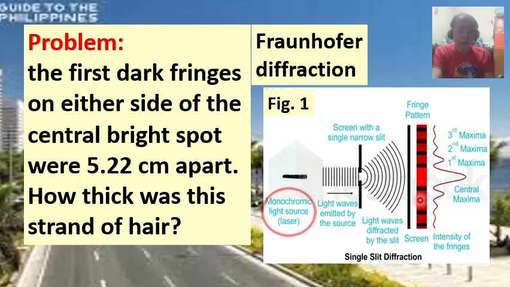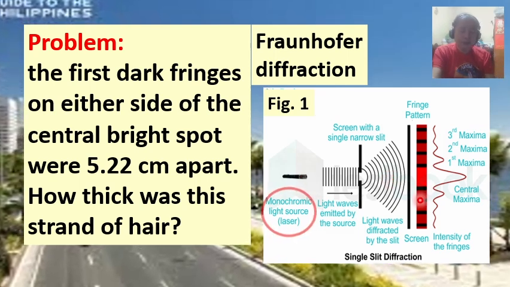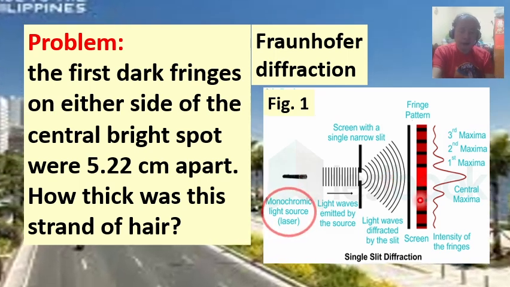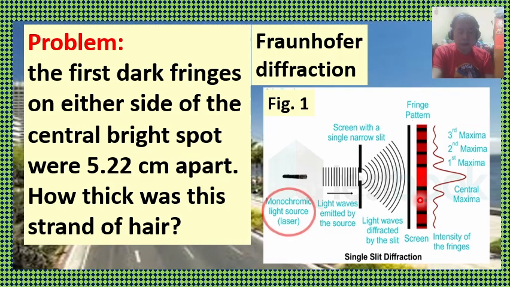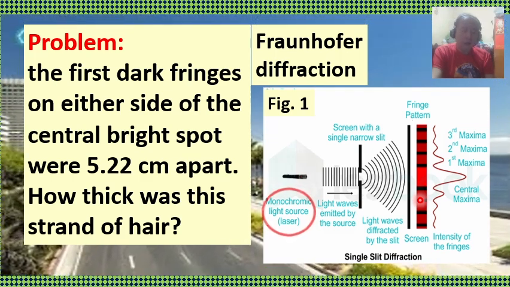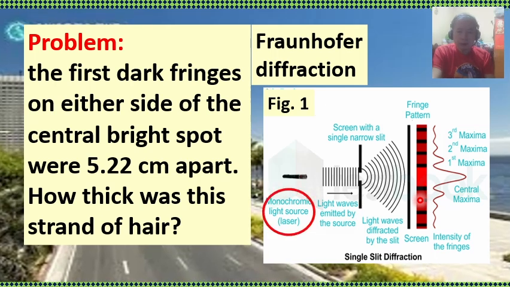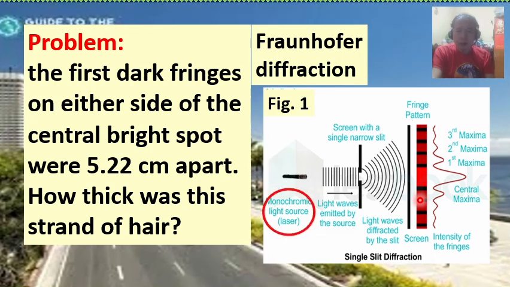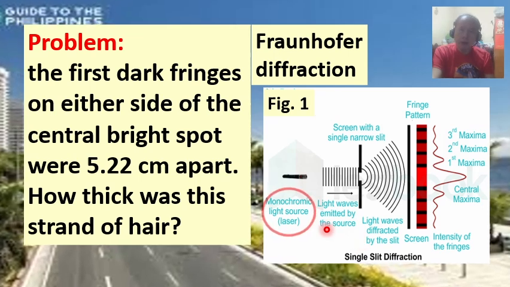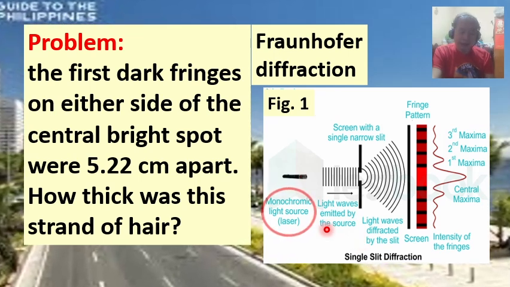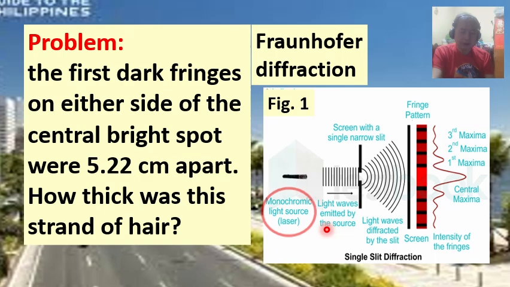So the light source is a monochromatic wave, right? An example of a monochromatic light wave is a laser.